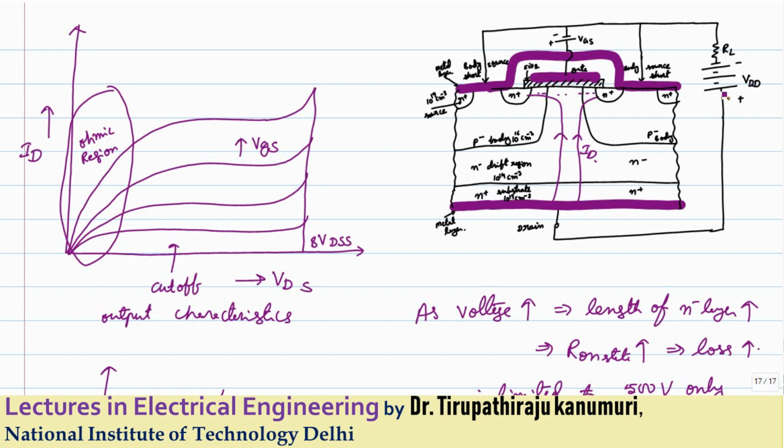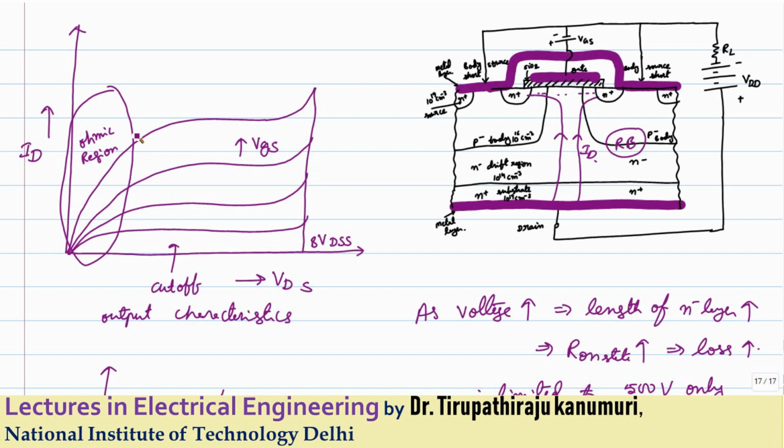Let us assume, for example, this VDD is connected here. So this junction is reverse biased. As the voltage is increasing, the barrier width will go on increasing, and a point will reach where this barrier width will break down, which we call the avalanche breakdown. That is indicated by BVDSS, the drain to source voltage at which there will be a breakdown.